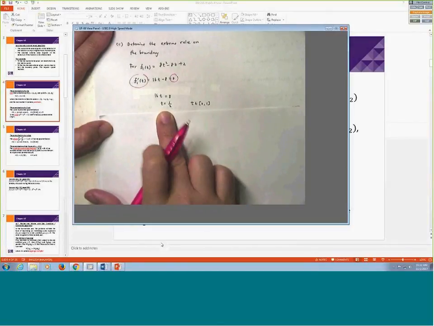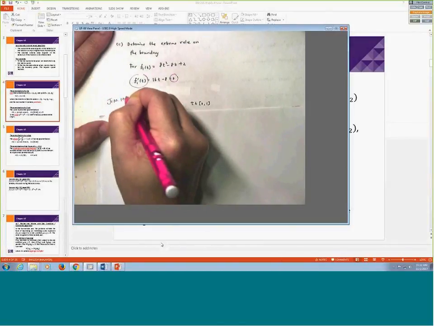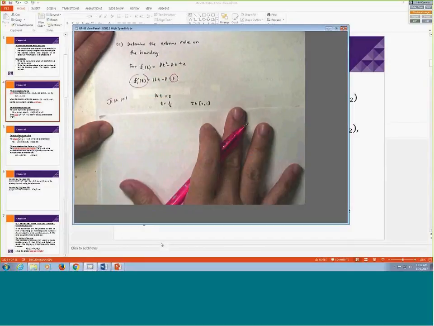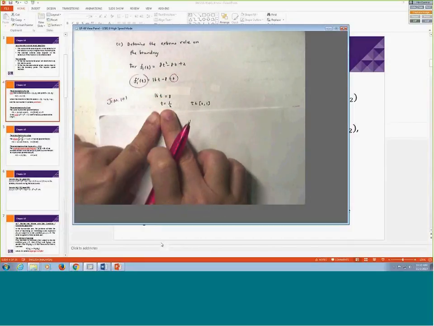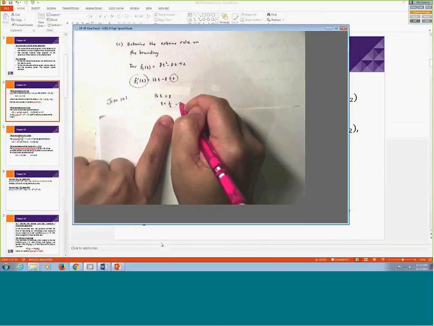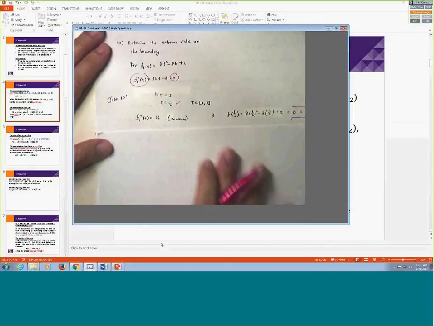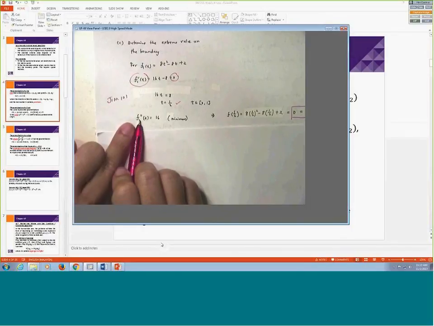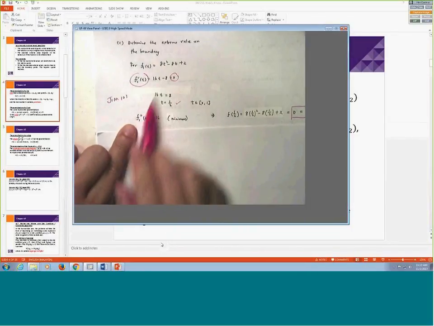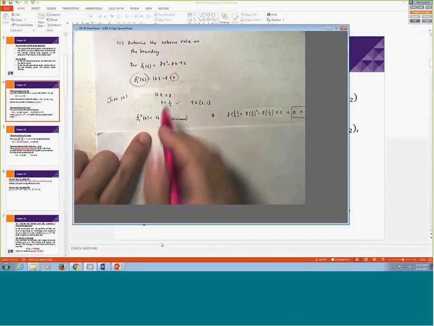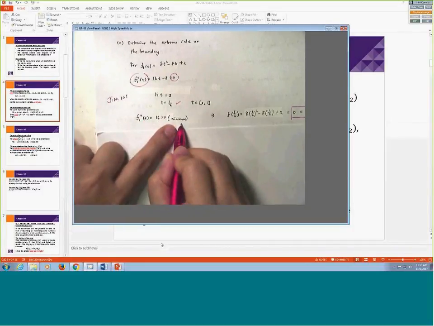Is it acceptable? Yes, because it is between 0 and 1. Then use the second derivative test. It is 16, which is greater than 0, so you have a local minimum.